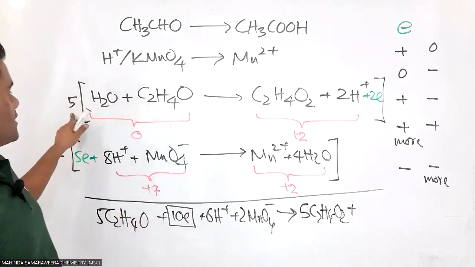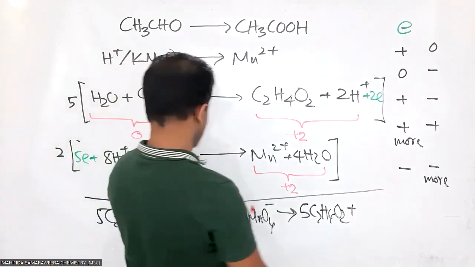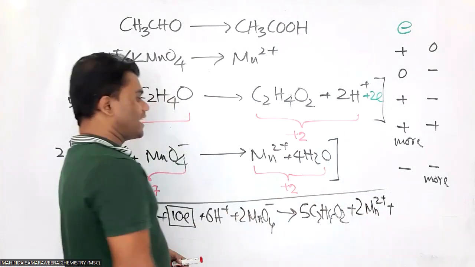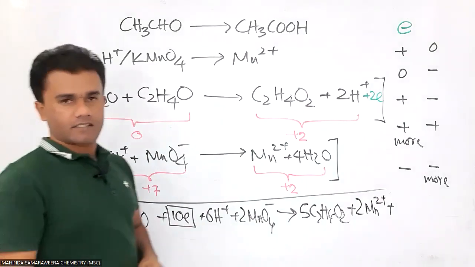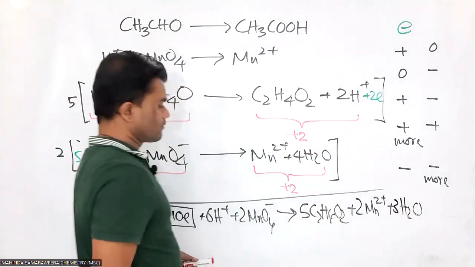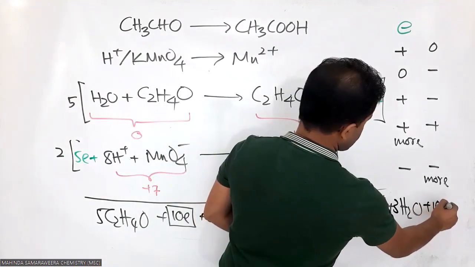Here 10 electrons cancelled, and no more H plus. This is by 2, then it should be 2Mn2 plus. This is 8 water, but here 5 water cancelled, then 8 minus 5, it's 3 water remaining. This is the full ionic equation, but here you have 5 into 2, 10 electrons available.